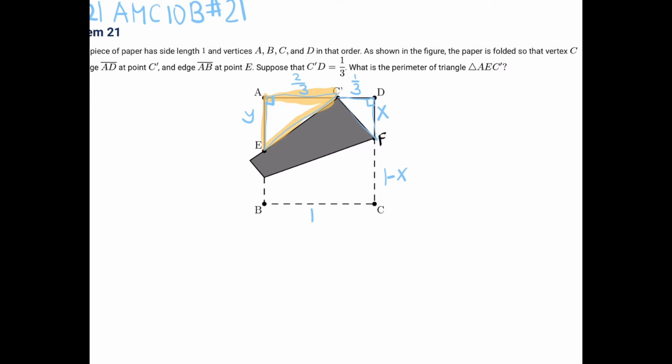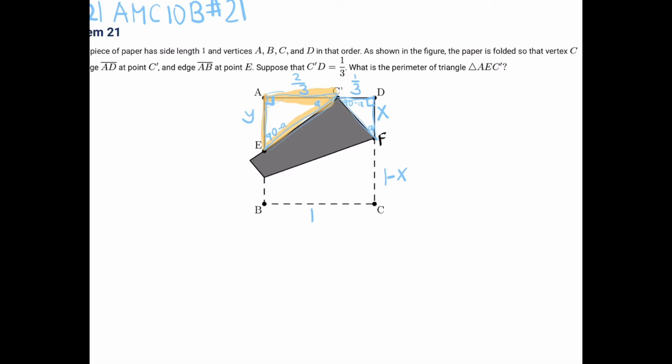Let's have this angle equal A, so DFC prime equals A, then DC prime F would equal 90 minus A. Therefore, AC prime E would be 180 minus 90, minus 90 minus A, which is actually A, and so angle AEC prime would equal 90 minus A. Because these angles are all equal, this makes these two triangles similar, and we're going to use that.